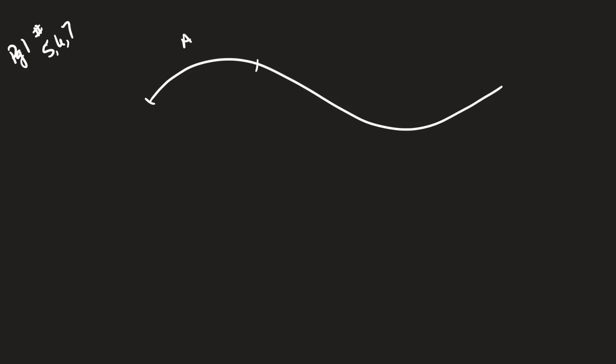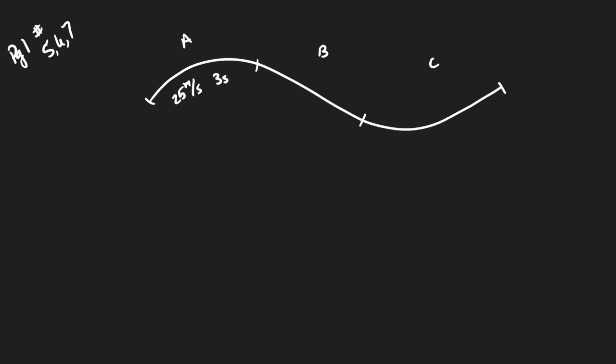Page number 1, number 5, 6, and 7. Something like this, with this part being section A, this part section B, and this part section C. It says for section A, it's going at 25 meters per second for 3 seconds.